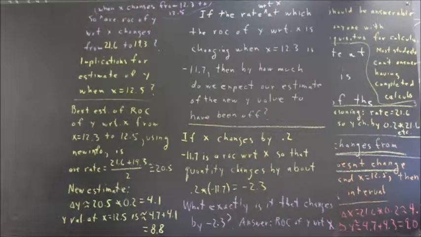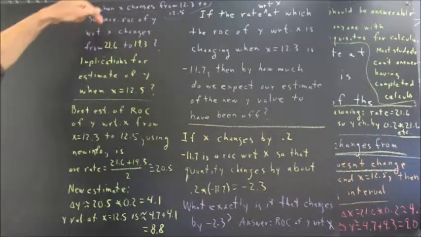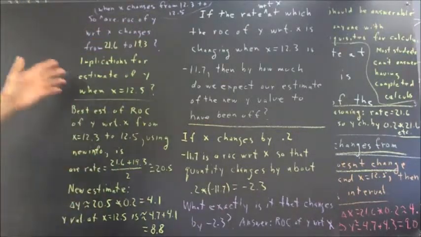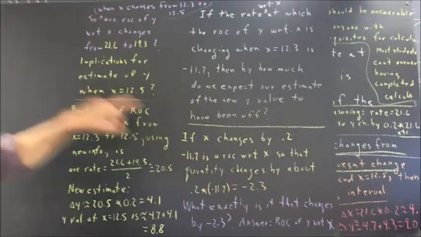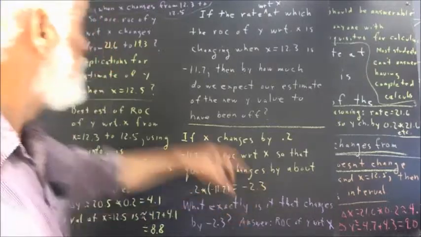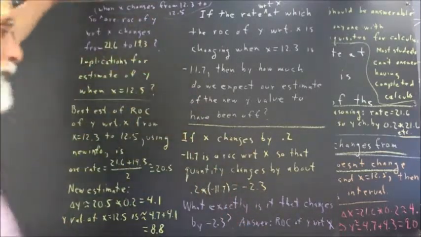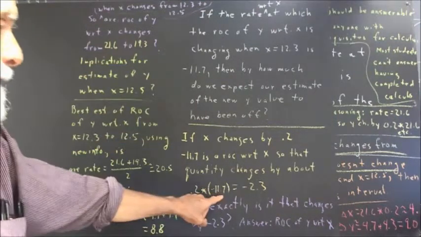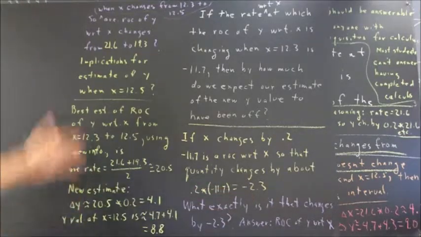If we know the rate at which the rate of change of y with respect to x changes with respect to x, that is, if we know how quickly the rate that we used to get our estimate of negative 2.3 for the original rate of change changes, we can modify this estimate in a very similar way.